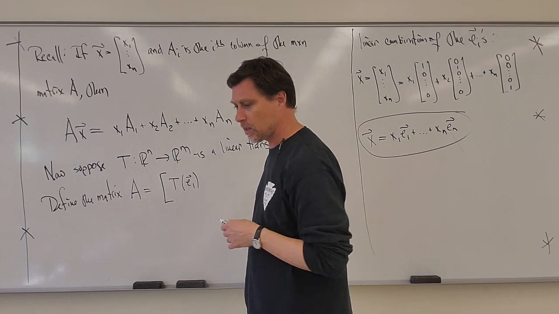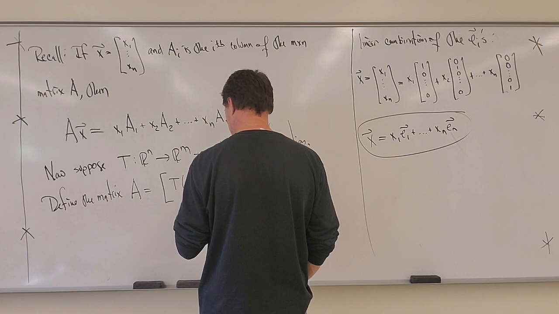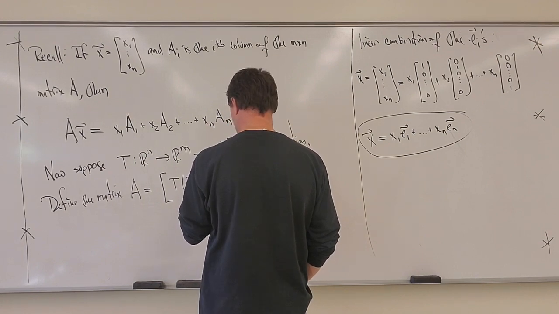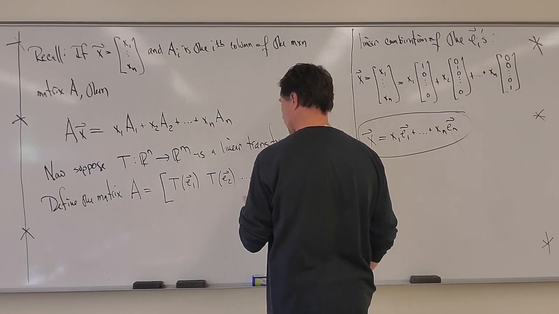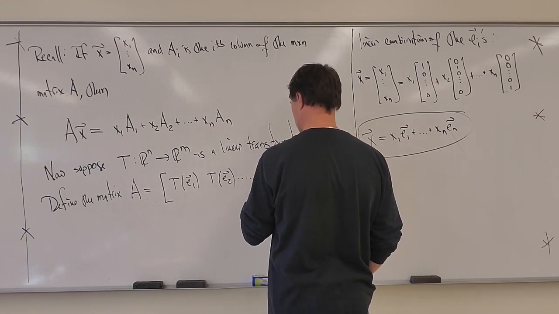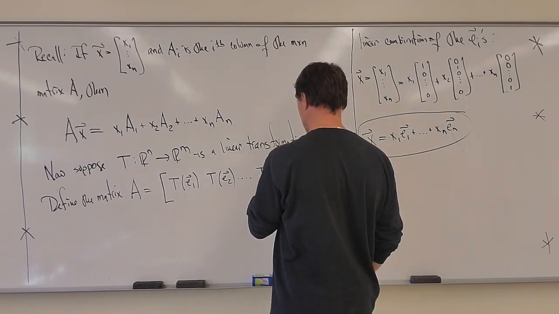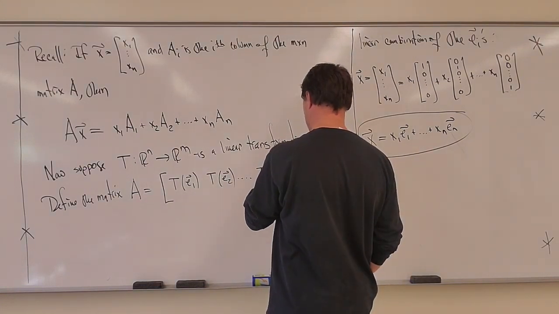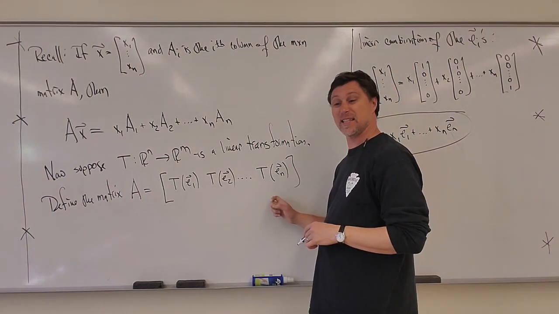Then the next column is T applied to the second one. And you keep going, so we're going to form an m by n matrix whose columns are T of E1, T of E2, dot, dot, dot, T of E sub n.